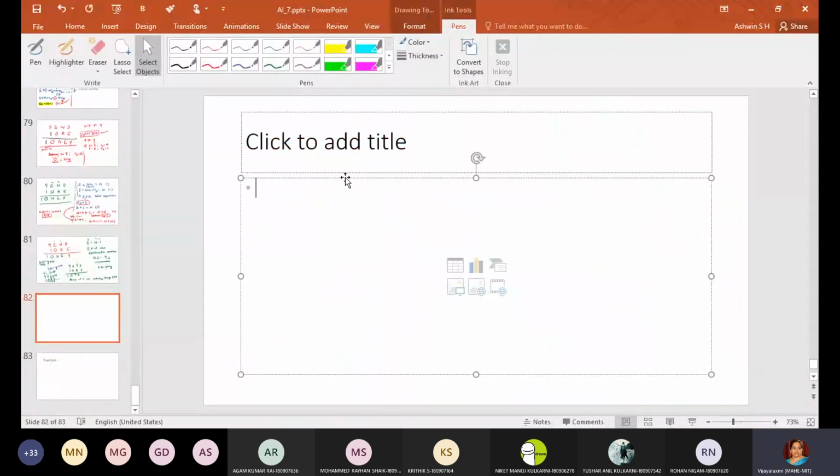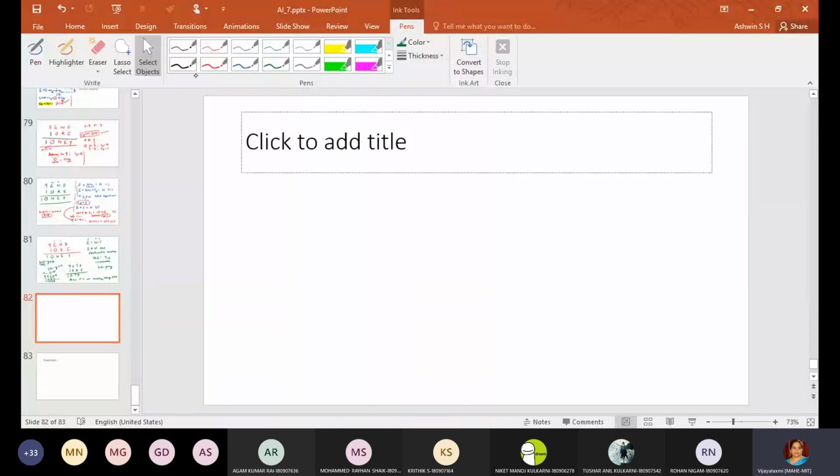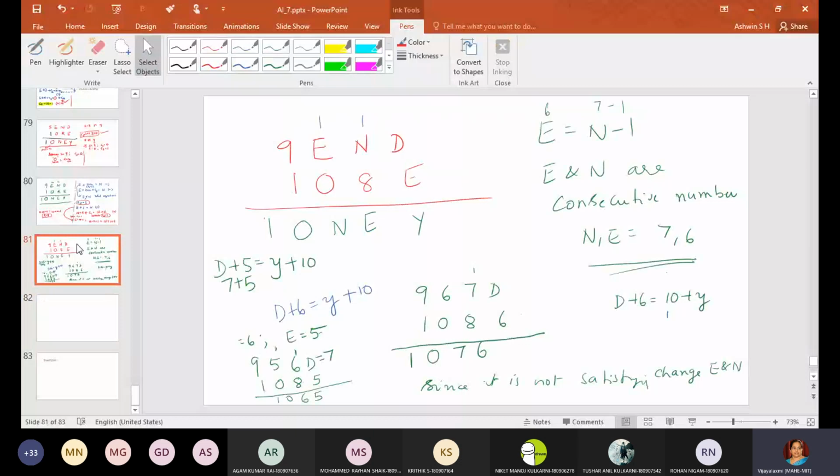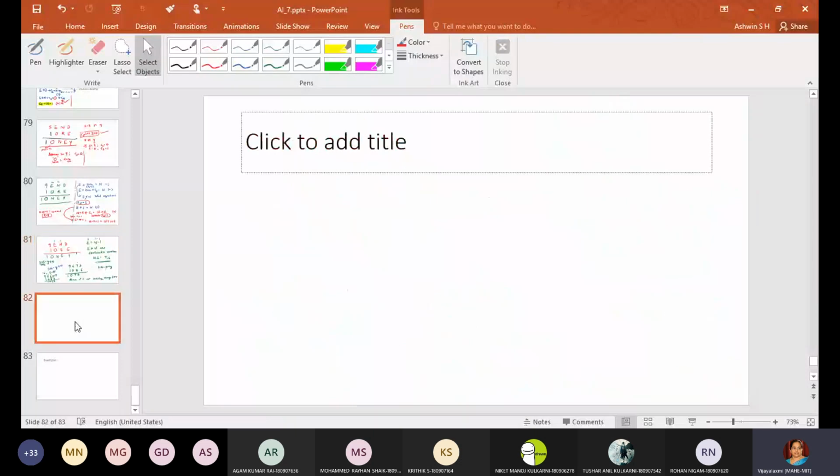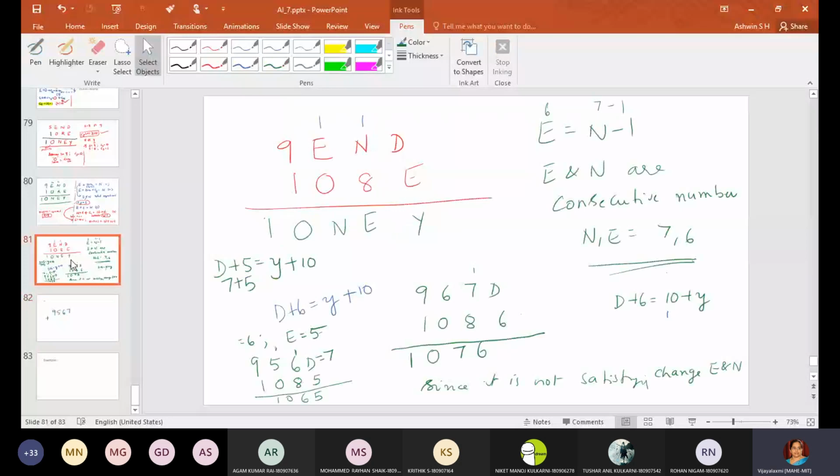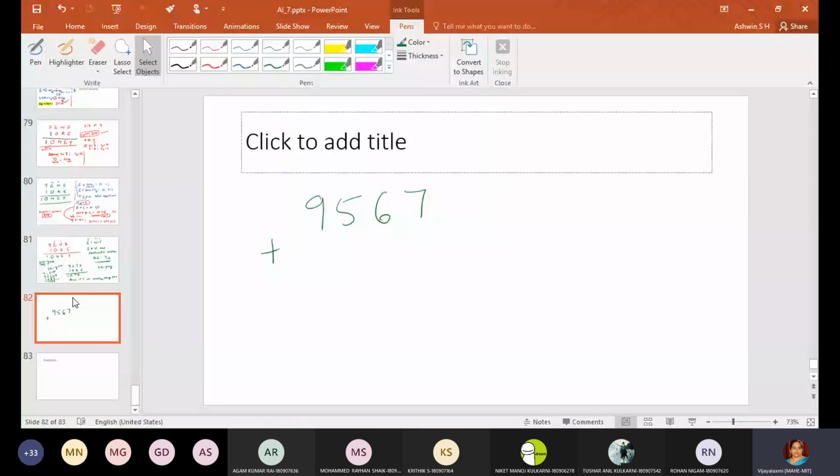So finally, what you can get is, from the previous slide, 9, 5, 6, 7 plus 1, 0, 8, 5.